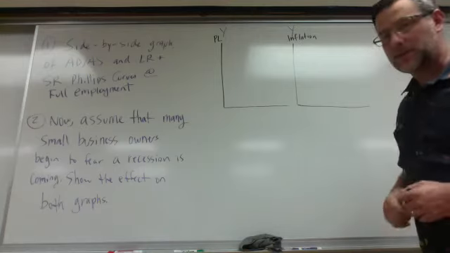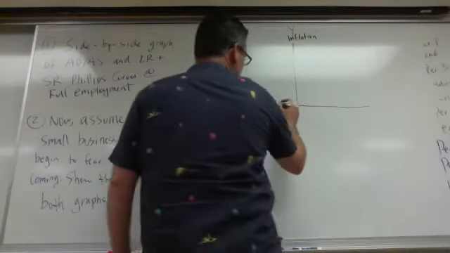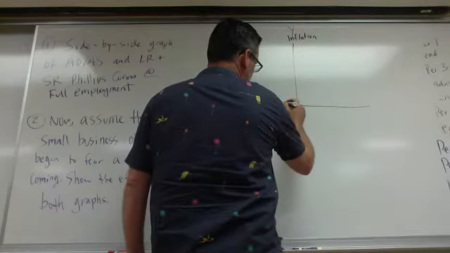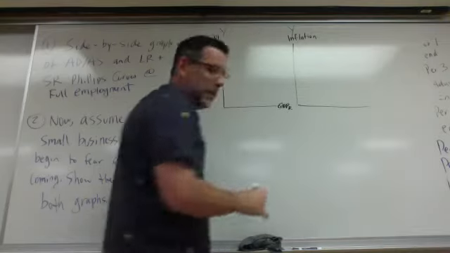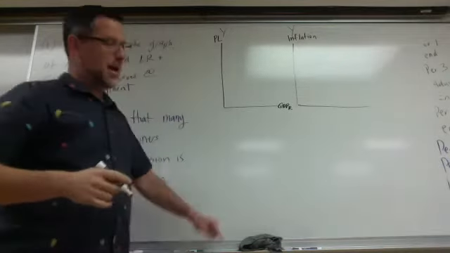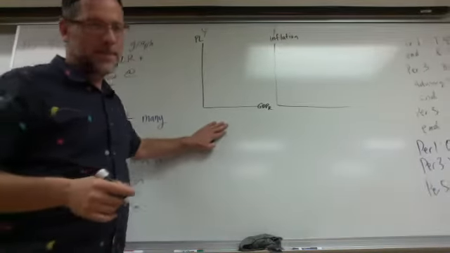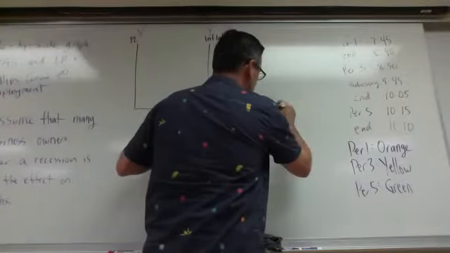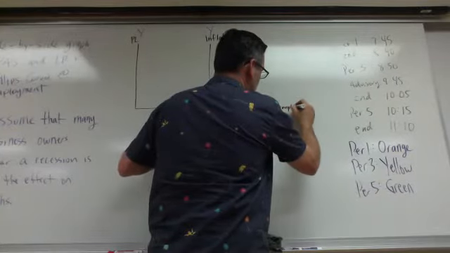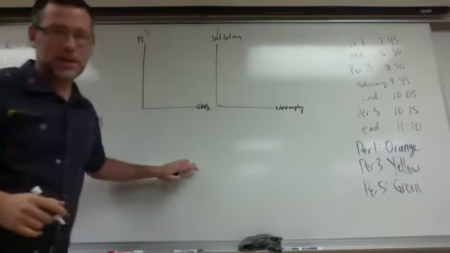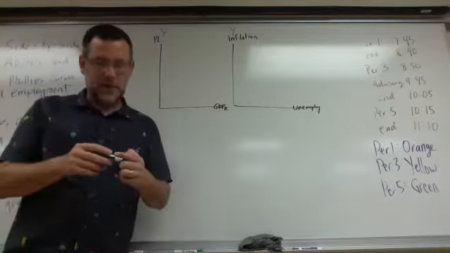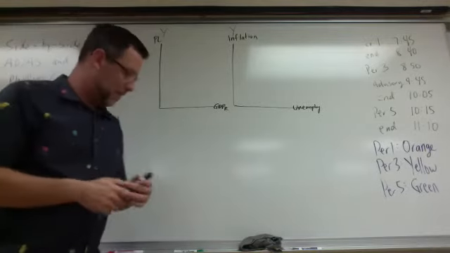The x-axis, however, you've got real GDP on my aggregate demand, aggregate supply graph. We've got unemployment on my Phillips curve. So what does that mean?